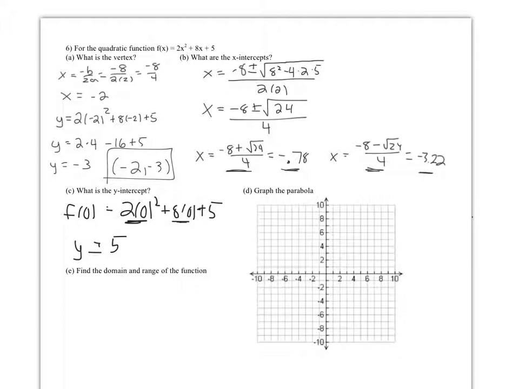So now let's plot. I've got a vertex at negative 2, negative 3. I've got one intercept at negative 0.8, so a little to the right of negative 1. The other one's a little past negative 3. That's good enough. My y-intercept is at 5, and now I can sketch.